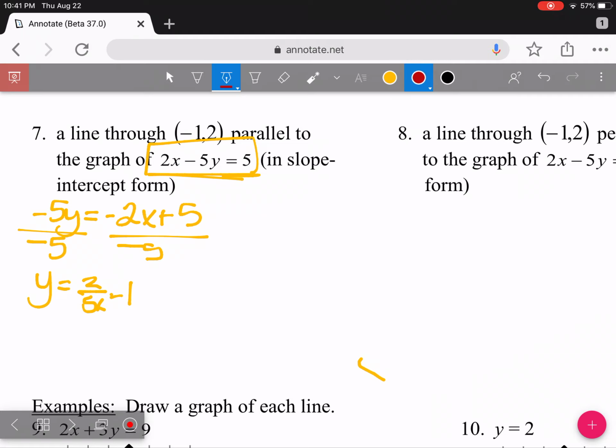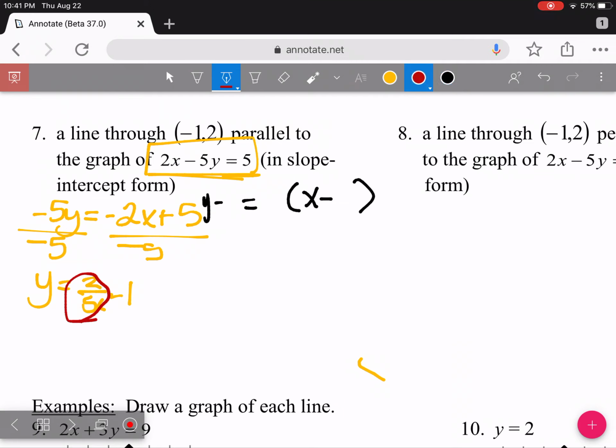Now we're going to use the slope of this equation to write a line that's parallel to it. Okay, so we need y minus y1 equals m times x minus x1. Let's fill in what we know.